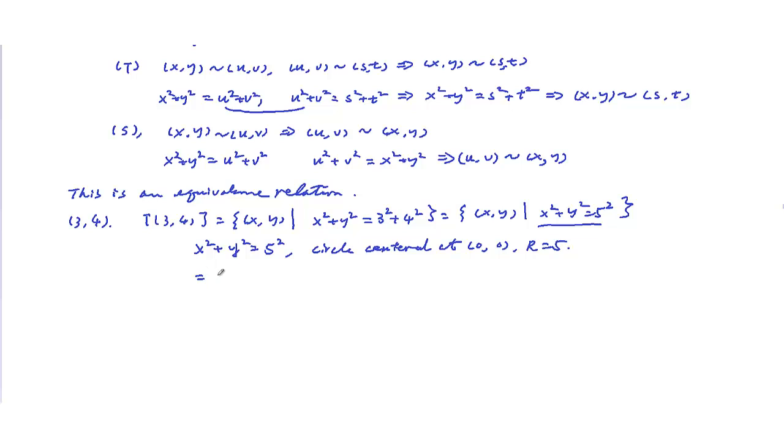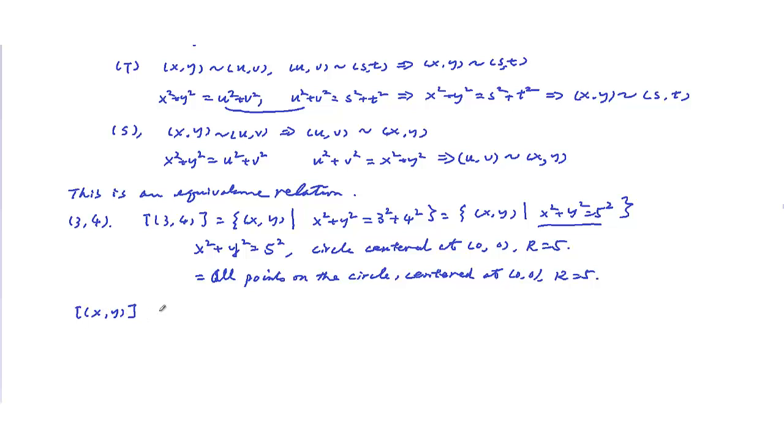So therefore, the description of this set is all points on the circle centered at (0, 0) with radius 5. Now we can give a general description for any point (x, y).